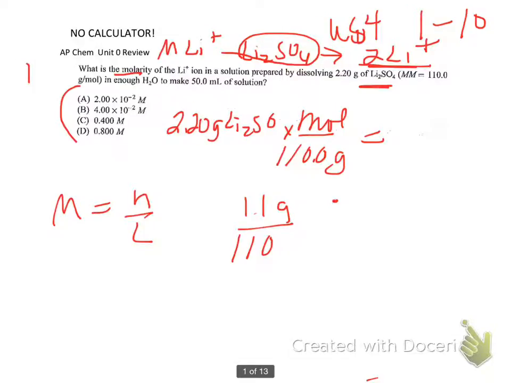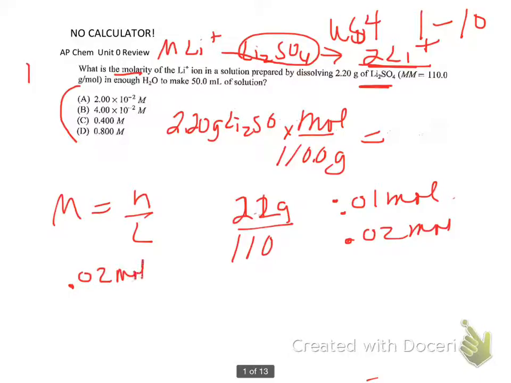So it's going to be 0.01 moles. But I have 2.2, so it's going to be 0.02 moles, right? So 2.2 over this is going to be 0.02 moles. Okay. So I'm going to take that 0.02 moles.